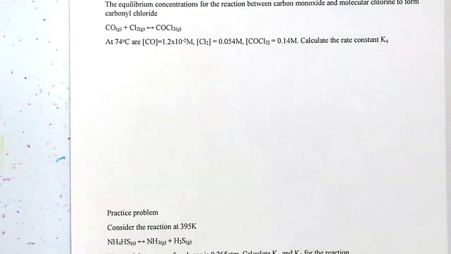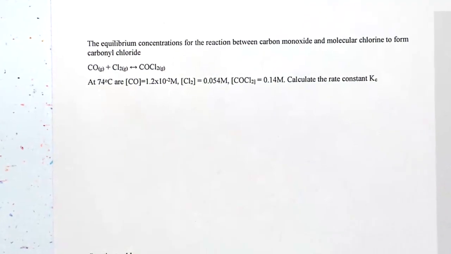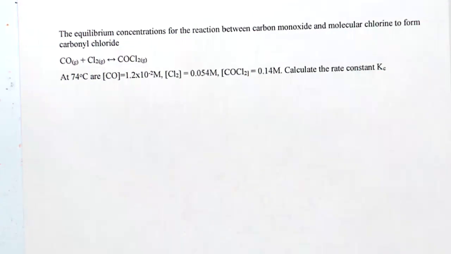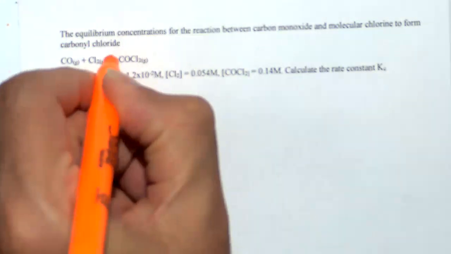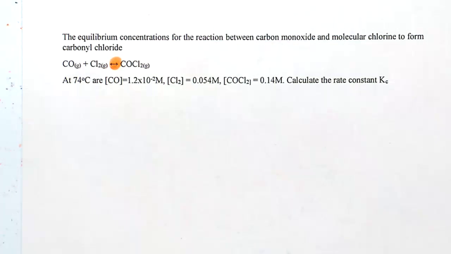All right, let's do another problem here, everybody. And this time we'll put some numbers in. We've got a reaction here. Check your arrows. Back and forth means equilibrium. And at 74 degrees, notice everything is temperature dependent.